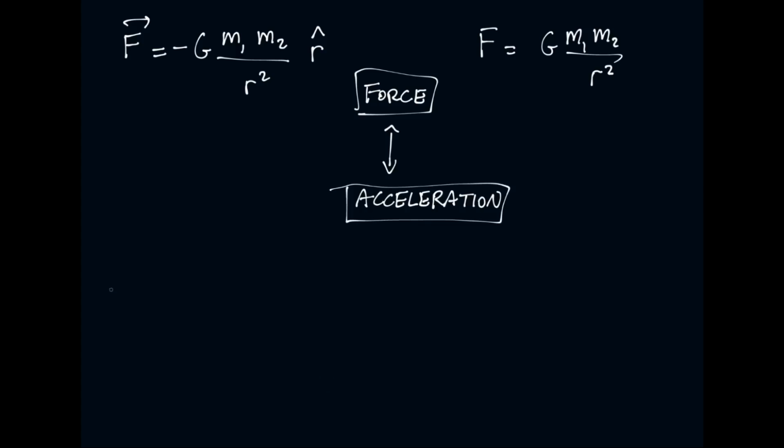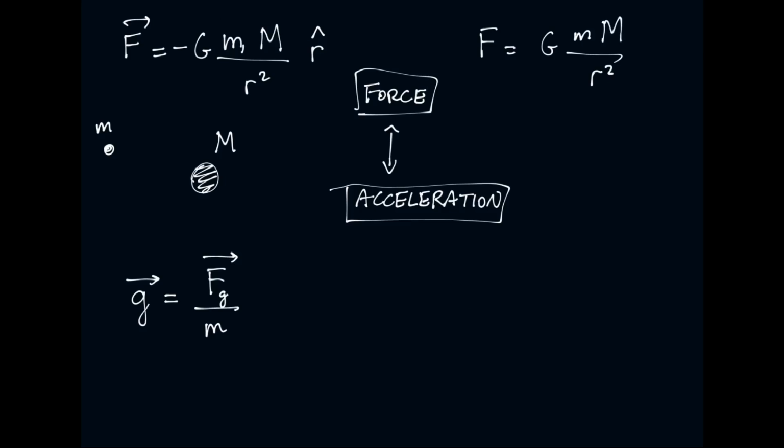And so, what is the acceleration of gravity? Typically, we write it as g, and it's simply the force of gravity divided by the mass that I'm considering. So let's change nomenclature and do little m and big M. What is then the acceleration of little m? It's the force of gravity that's experienced by little m divided by the mass itself.